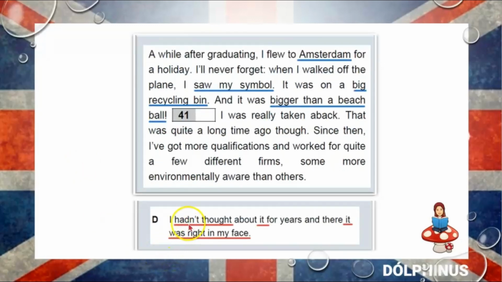Because he hadn't thought about it. And it is making reference to his symbol. He continues with, and there it was right in my face. So he's seeing it directly as it is expressed in the text. I saw my symbol personally. I was seeing it.